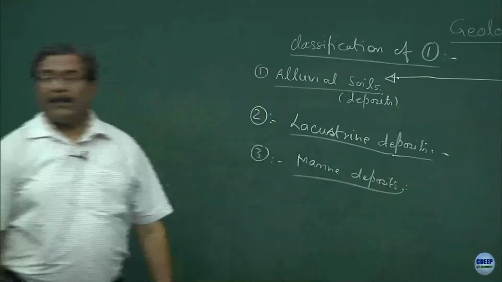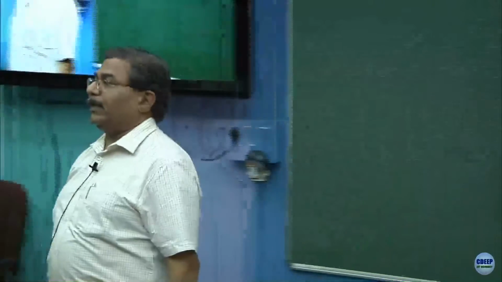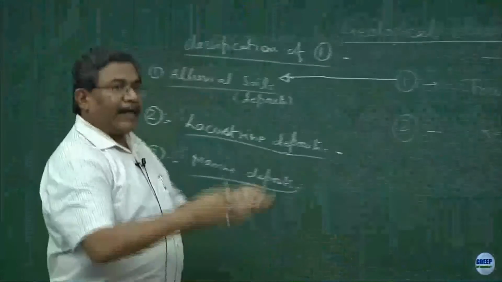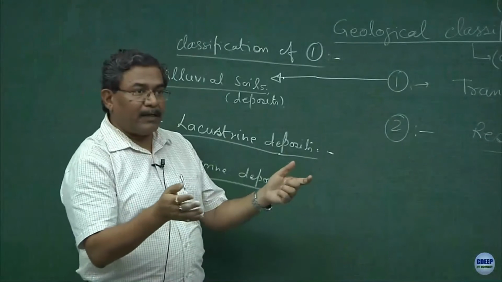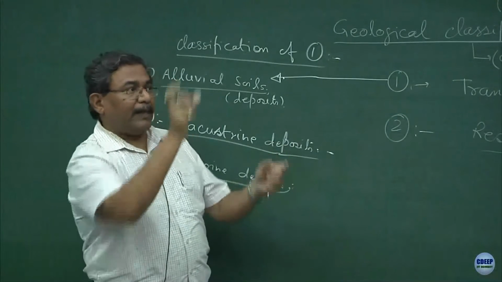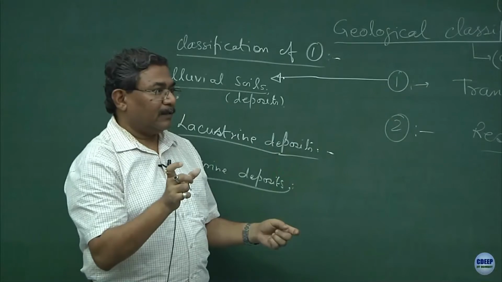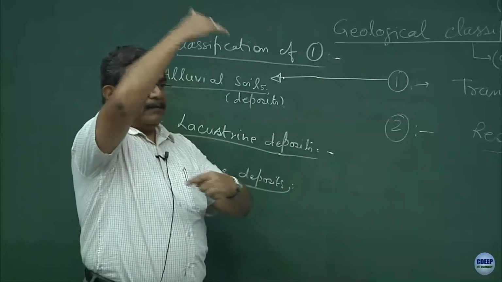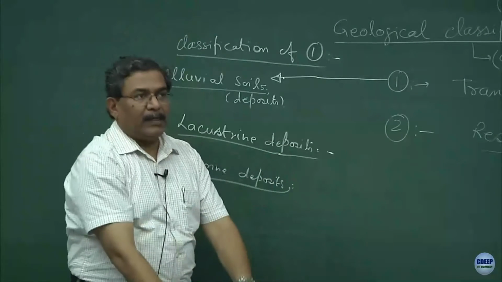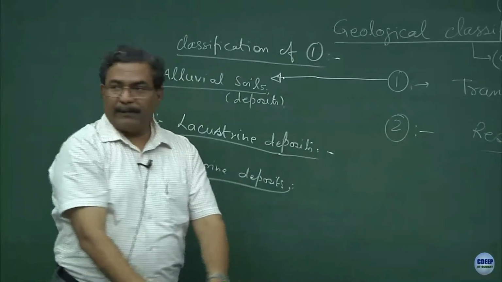It so happens that the marine deposits could fall in both the categories. They could be transported as well as they could be residual, particularly in this Deccan trap. I hope you understand the word Deccan trap, the Deccan Peninsula of the country, starting from, let us say, Nagpur onwards up to Cape Comorin.